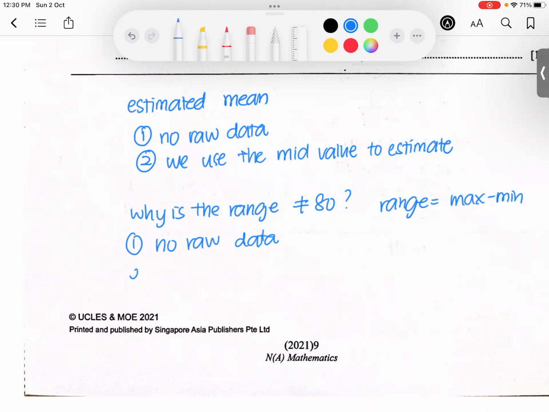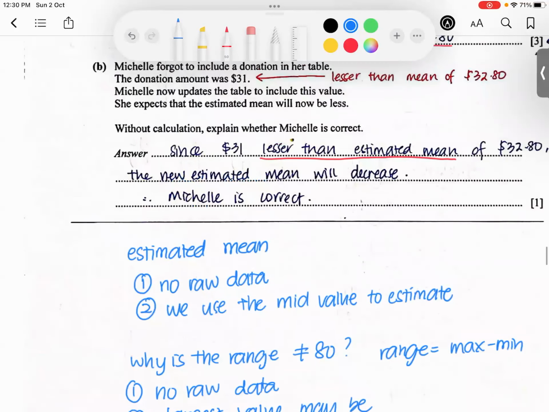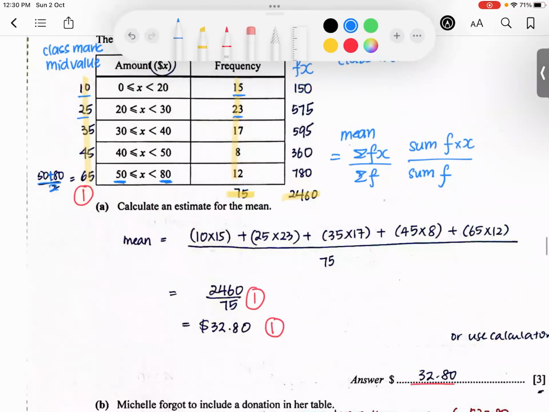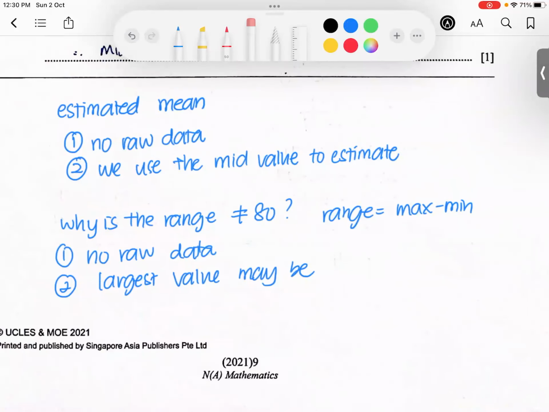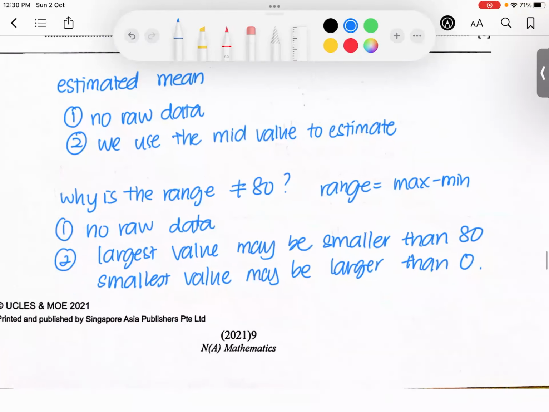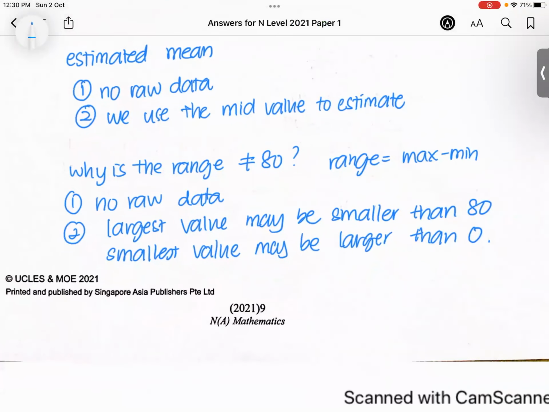So you have to explain the largest value may be, because this one says less than 80 and this one more than 0, but the largest value may not be 80, may be smaller than 80, or you can also say the smallest value may be larger than 0.